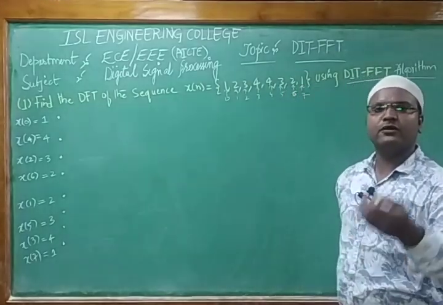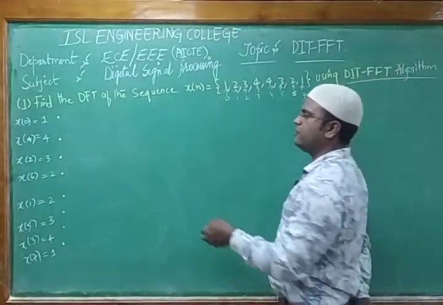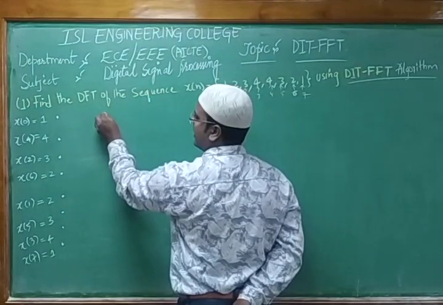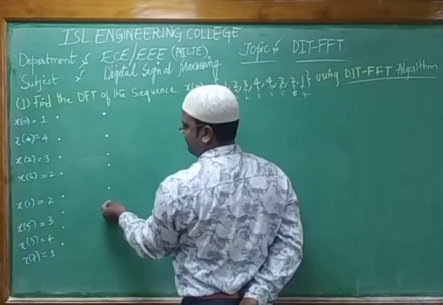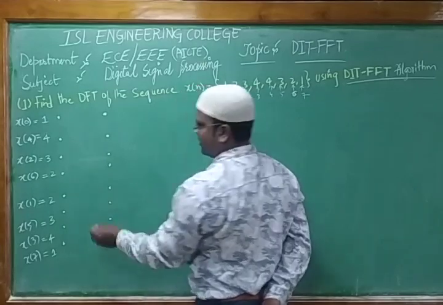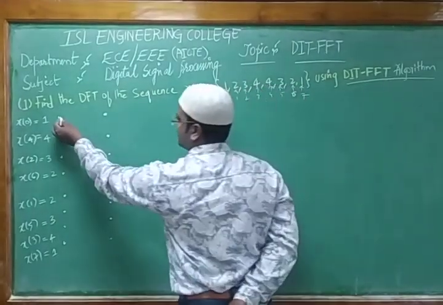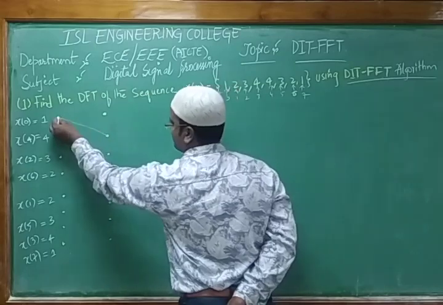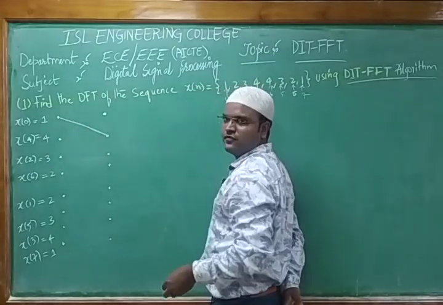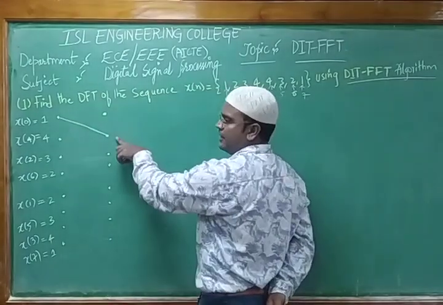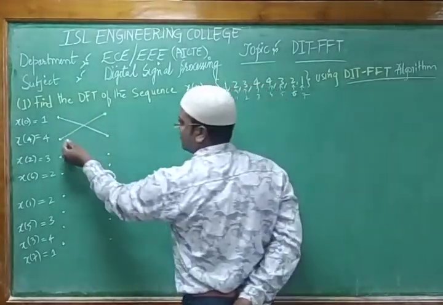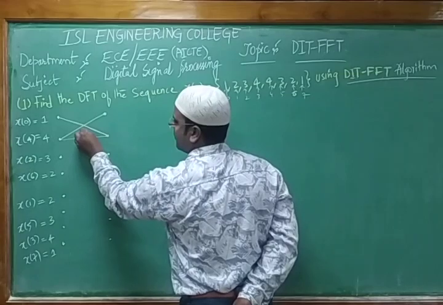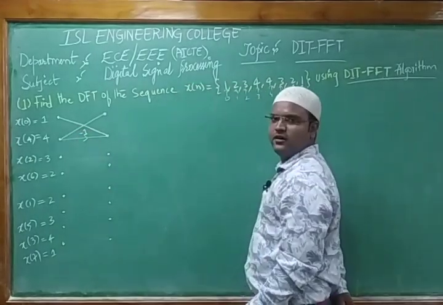Next we have to realize stage 1, that is the first stage. For realizing, we'll again put the dots: 1, 2, 3, 4, 5, 6, 7 and 8. We'll put the cross like this, like this. The feedback needs to be minus 1, so we put the feedback and write minus 1.